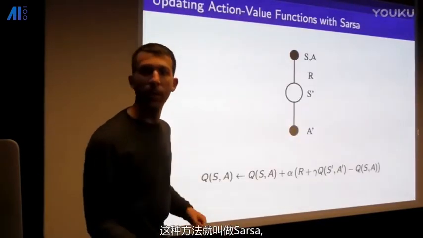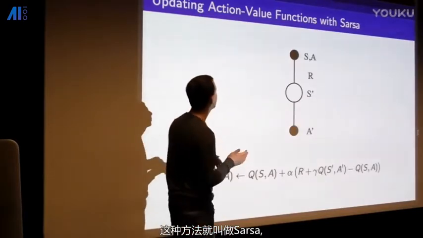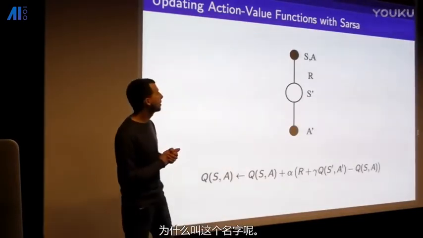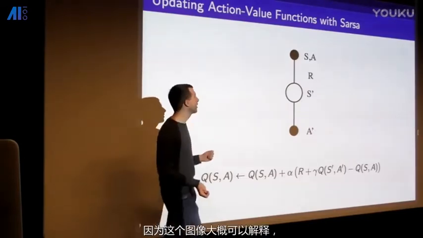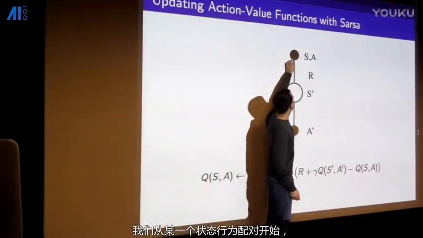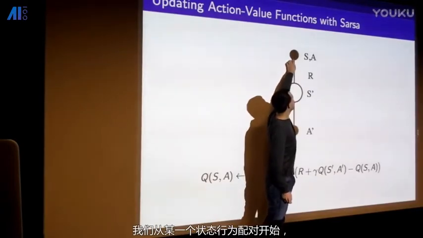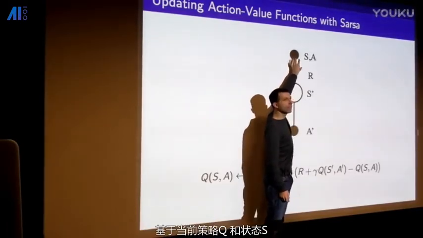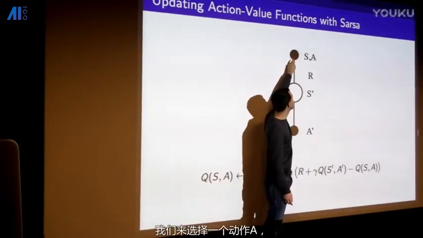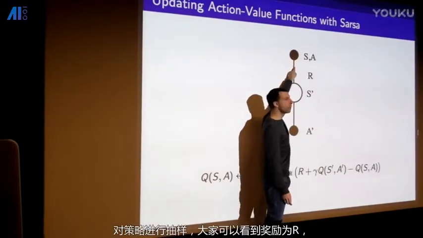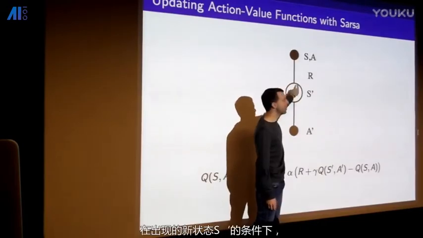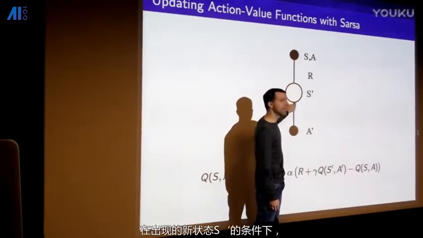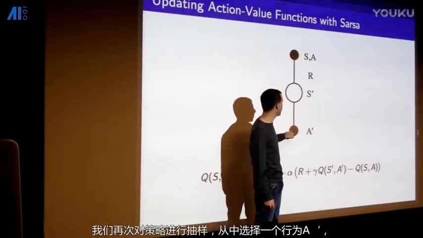Okay, so the general idea is called SARSA. Why is it called SARSA? Well, this diagram should illustrate it. We start off in some state action pair, that's this black dot, the decision node. We're choosing an action, and we see a reward R. We end up in some new state S prime, and we sample our policy again to generate A prime.